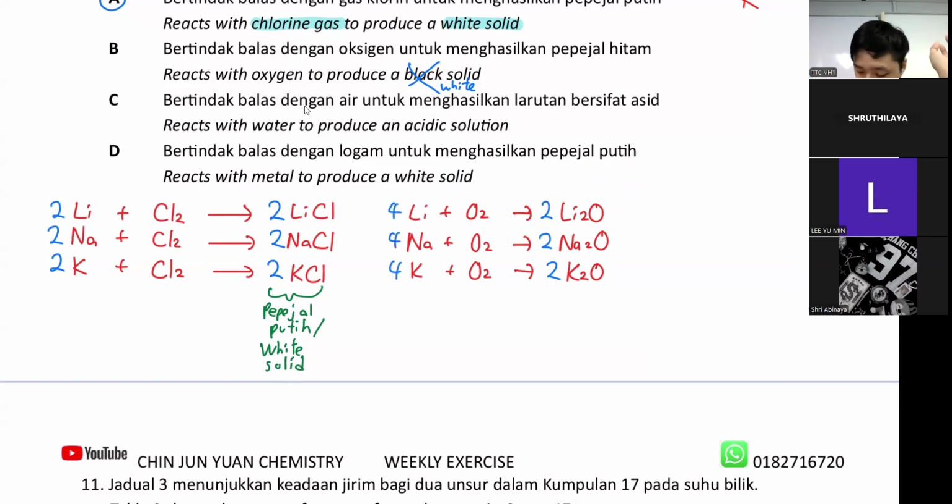So all these are also white solid, not black solid. Okay, you also get white color.